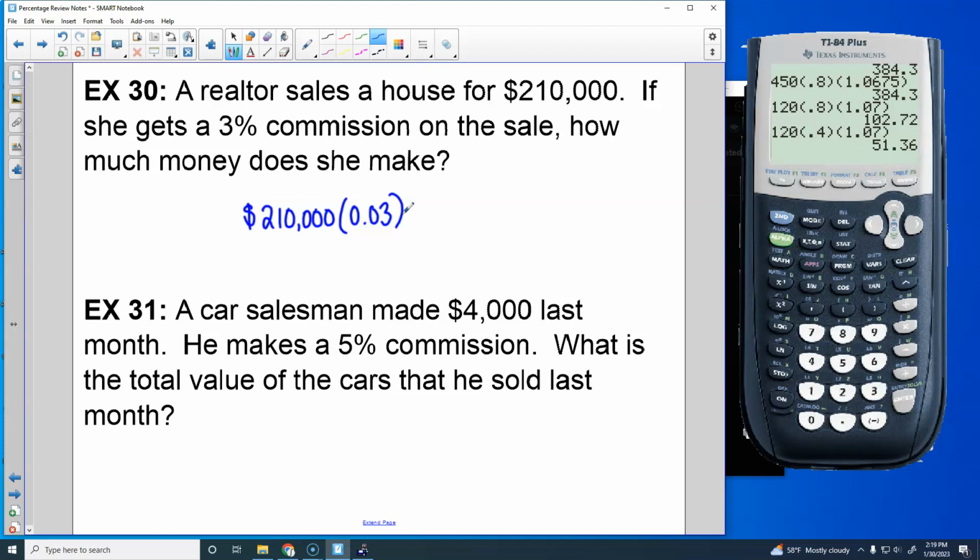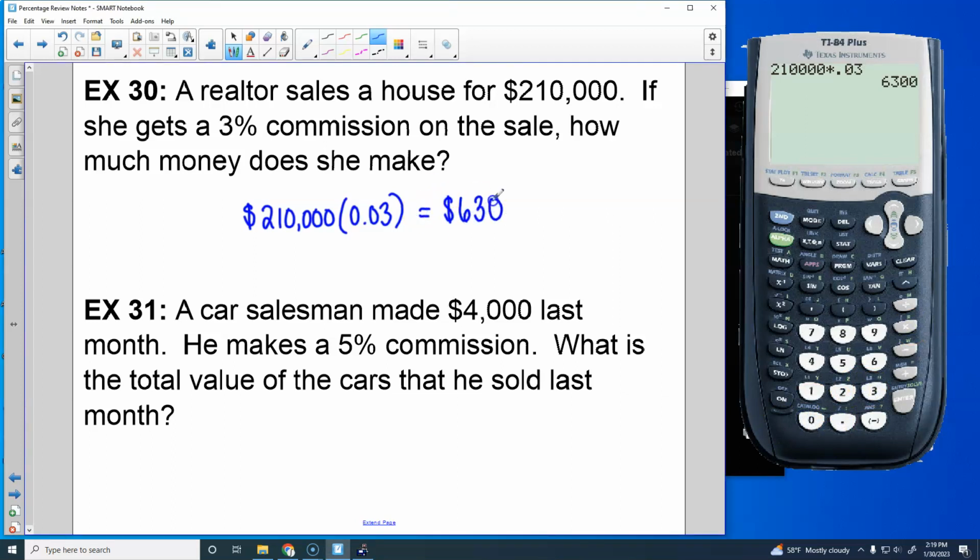And if you can make 30% commission on selling houses, then you've really figured out a good deal. But I think it's usually in the 2 to 5 range. So, 210,000 times 0.03. $6,300. That's a lot of money to make at once, right?